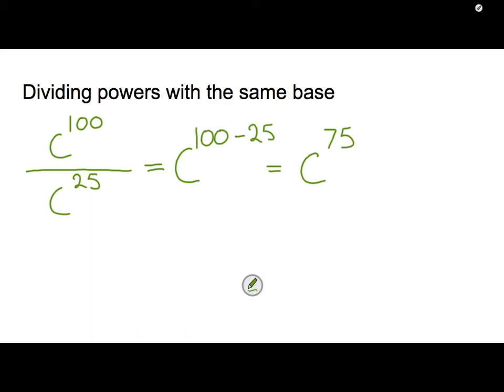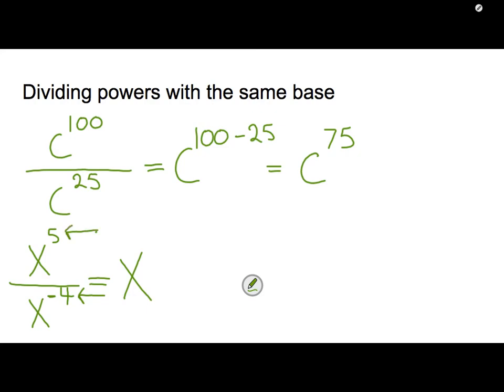All right, let's try one that's a little trickier. Let's do x to the, say, 5th divided by x to the negative 4th. So let's set it up. It's going to be the same base of x. I've got to subtract my denominator from my numerator.